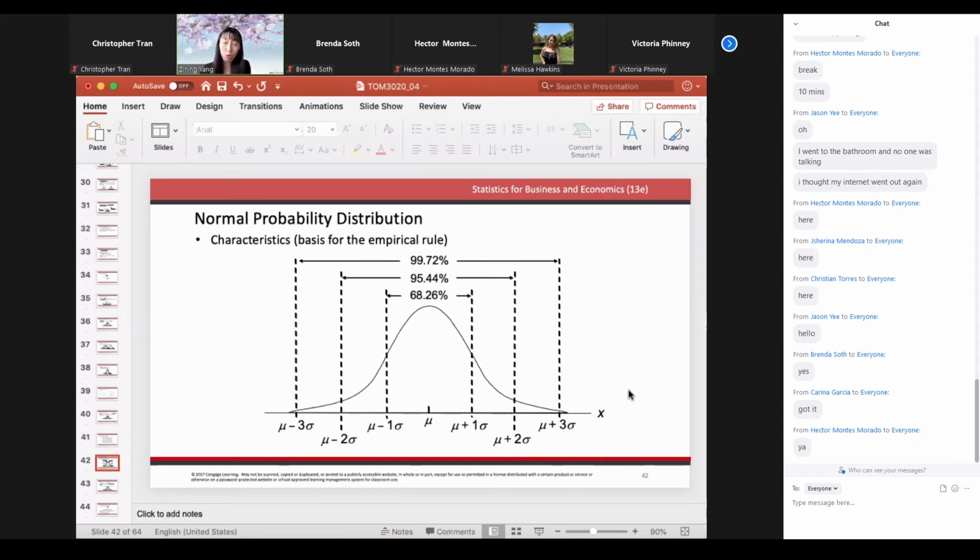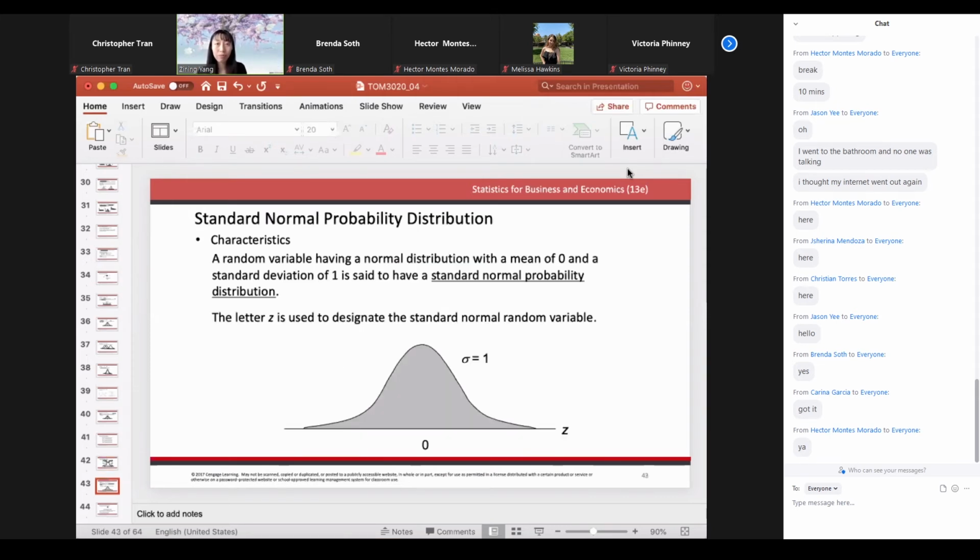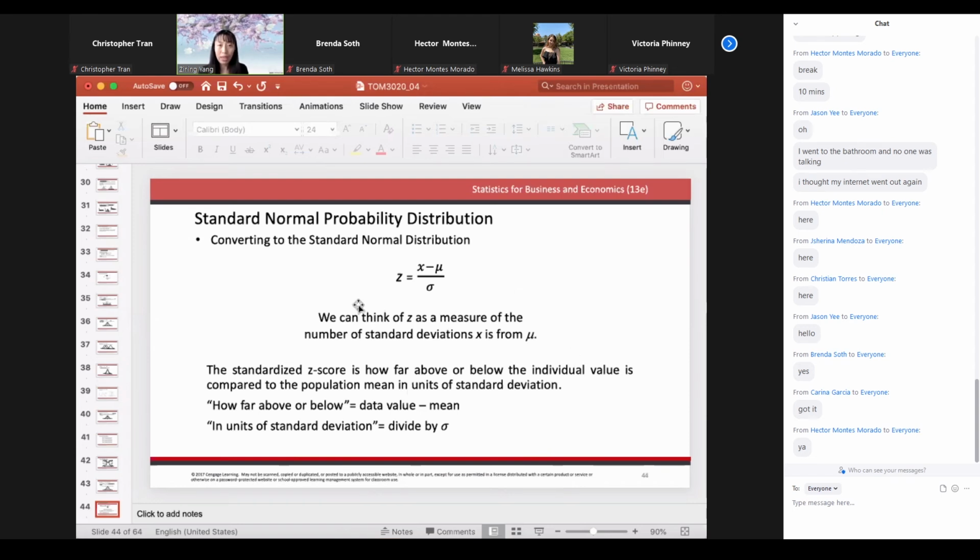What about getting a 93? What percentile are you then? So then we will need a standardized procedure to calculate precisely what percentile you are. That will need to utilize a standard normal probability distribution and this standard z-score.